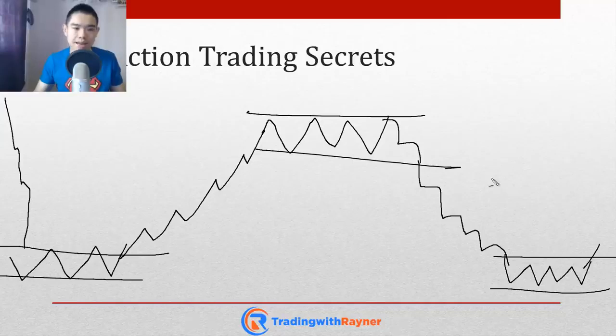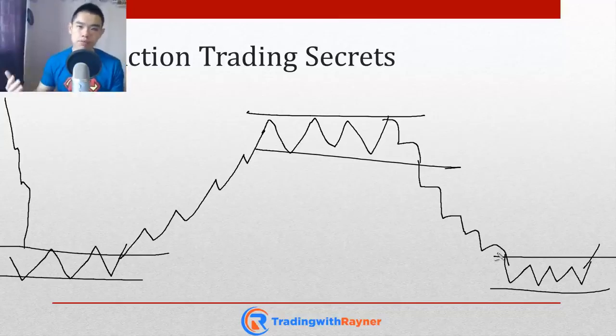You can see that this is the cycle that the market typically goes through: a period of accumulation, then it breaks out into an uptrend, then it goes into a distribution stage, where the market goes into a range in an uptrend, then it breaks down, forming what we call a declining stage, and then the cycle repeats all over again.